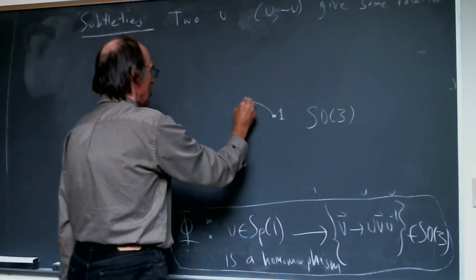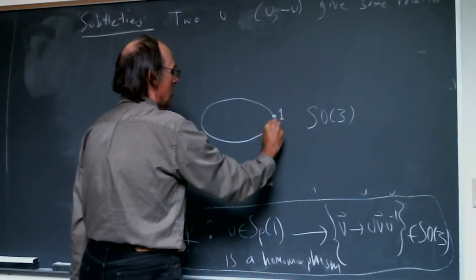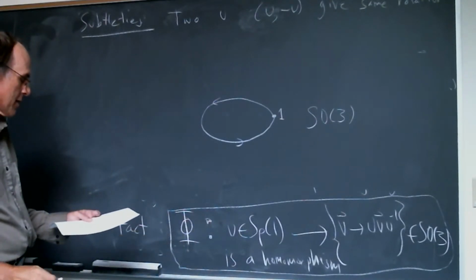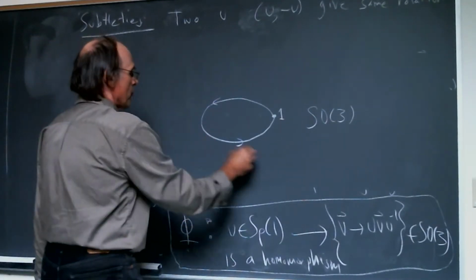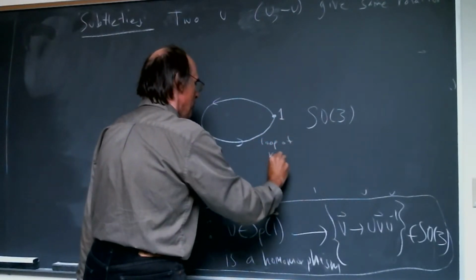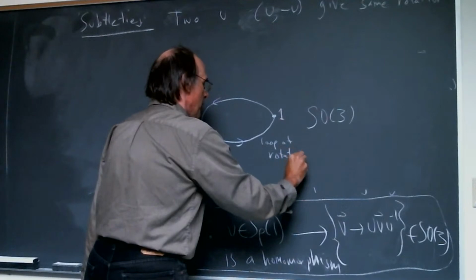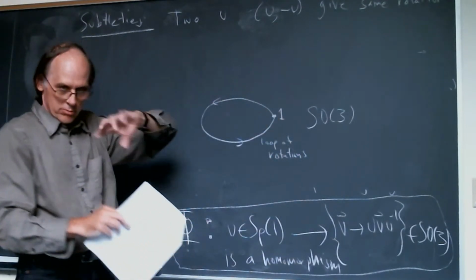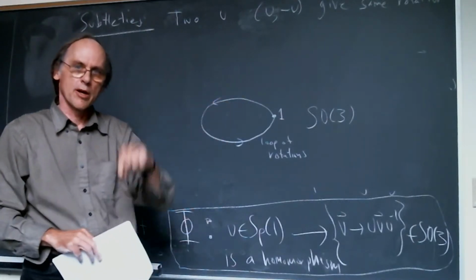Then you're going to get a loop of rotations. You start out with the identity transformation, and then you just start doing something, and then you come back to where you started.